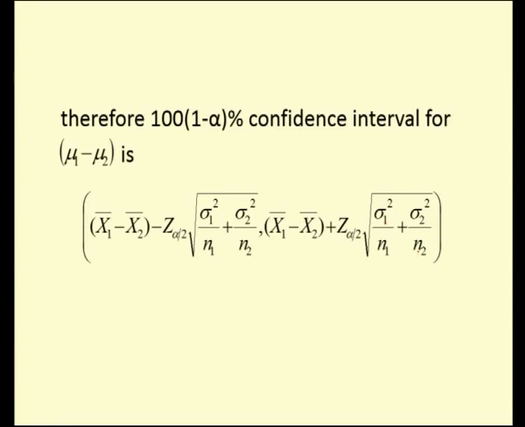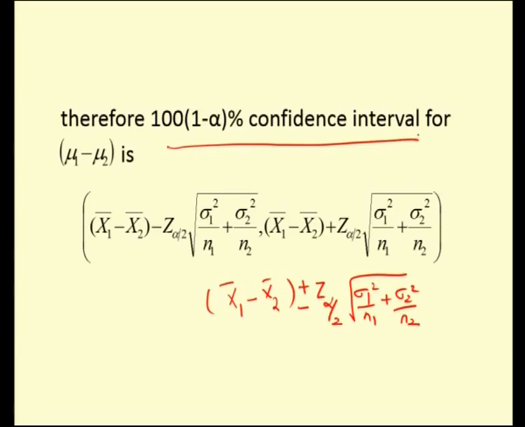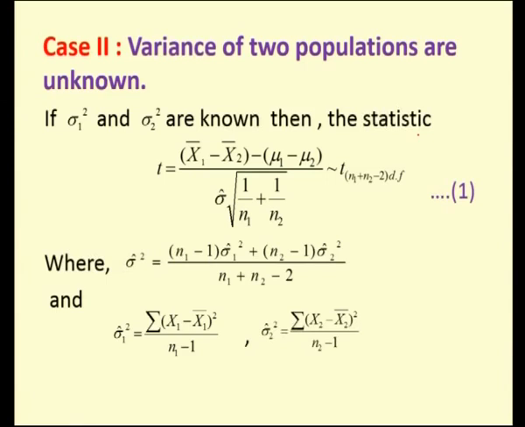In other words, if you want to write it in the form of confidence limit, it can be written as x1 bar minus x2 bar plus or minus z alpha by 2 into square root of sigma 1 squared by n1 plus sigma 2 squared by n2. So, this is going to be the 100 into 1 minus alpha % confidence interval for mu1 minus mu2.